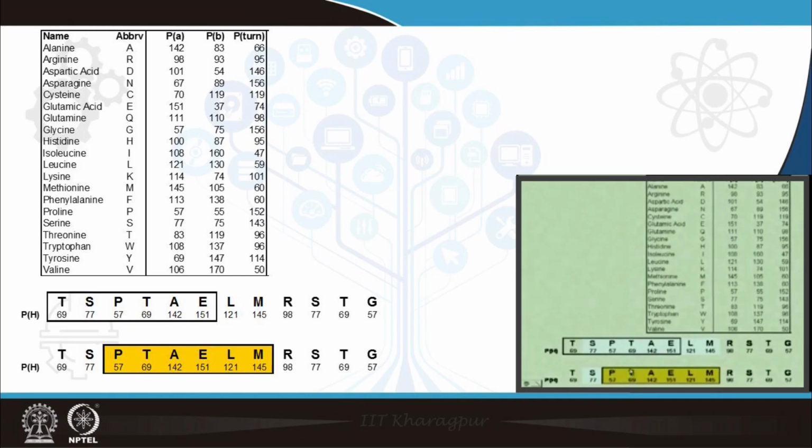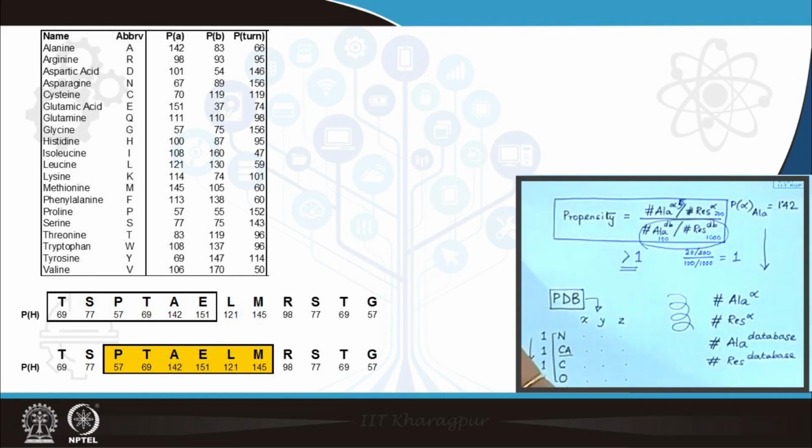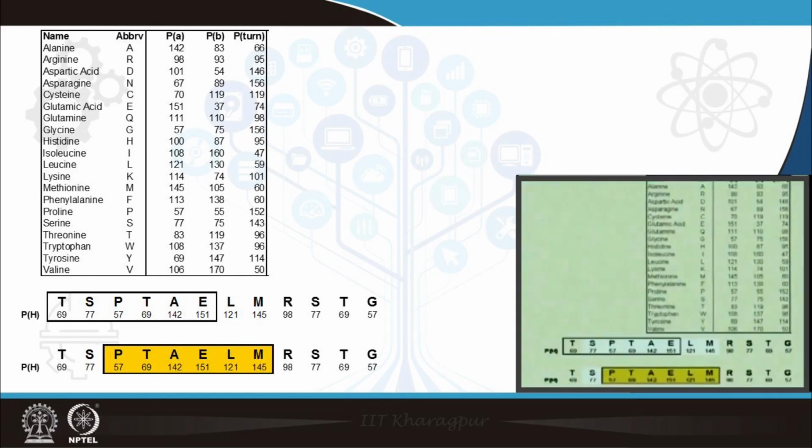But what you need to know is, you have a sequence. And what can you say from the sequence? You can say from the sequence and from the table where your helix is going to be, where your sheet is going to be, and where your turn is going to be. Okay? Then based on that, we can from this information roughly determine something from the sequence of a protein.